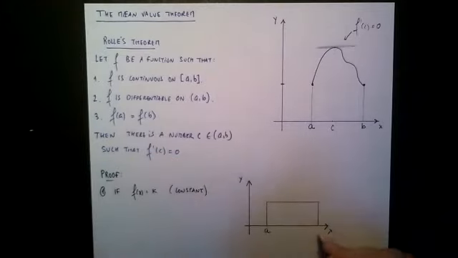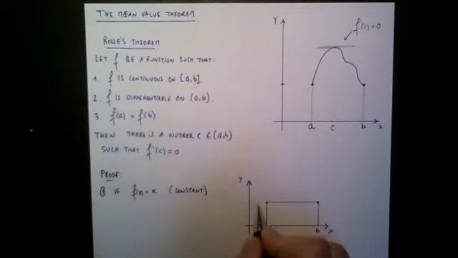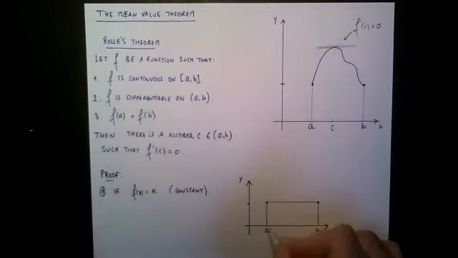Okay, so a, b, as you see, f of a equals f of b, same height. And it's constant, it doesn't move. So obviously, in this case, every value c between a and b has a tangent, which is the line itself, which has a slope of 0.